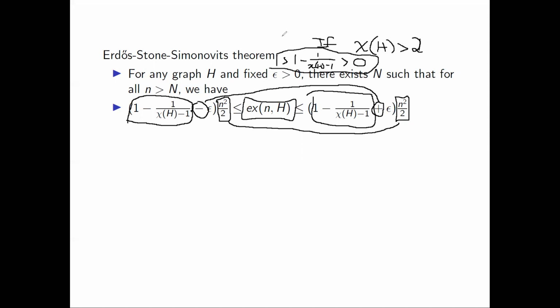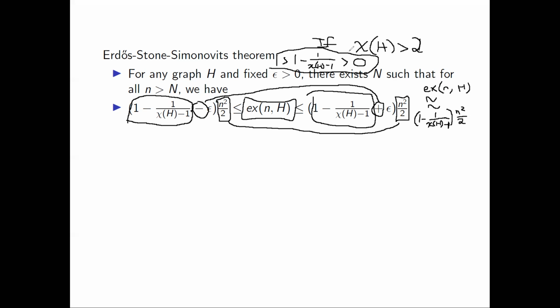And so as long as the chromatic number of H is greater than 2, we can say that ex(n, H) is approximately 1 minus 1 over the chromatic number of H minus 1, times n squared over 2.